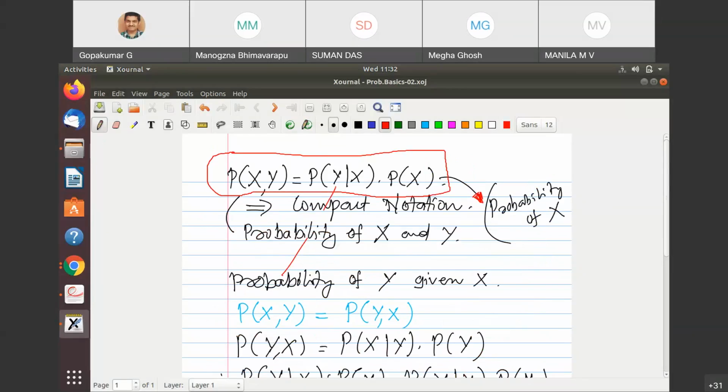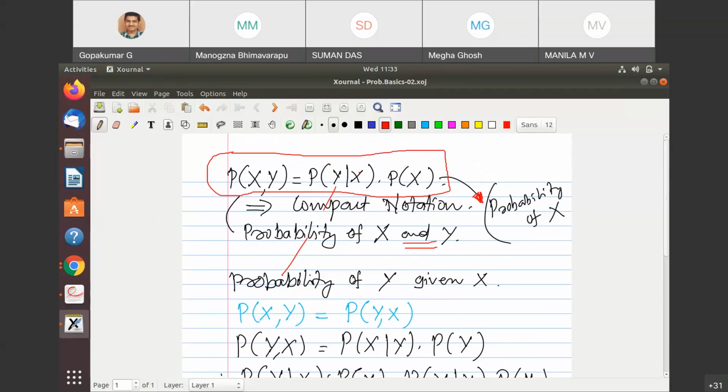We are ignoring the components and representing only the variables, which are random variables. So the probability of x comma y is equal to the probability of y given x times the probability of x. Here the individual terms are: the probability of x and y is the left side of this equation.